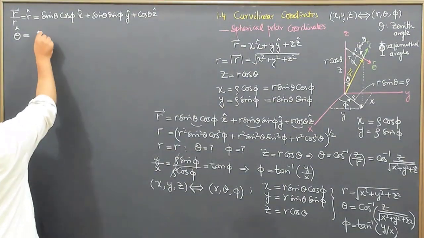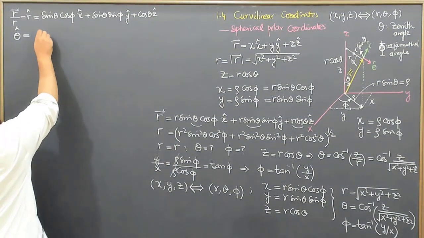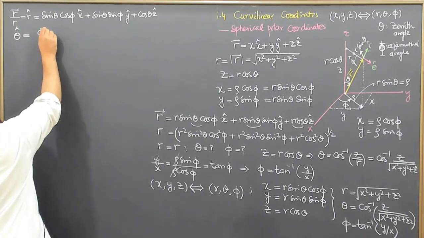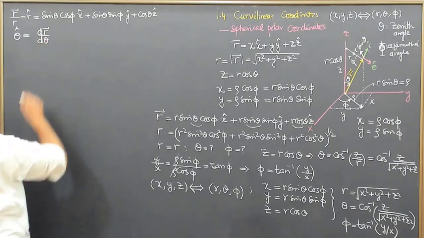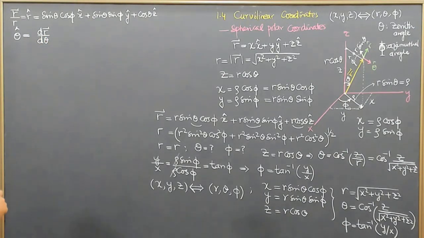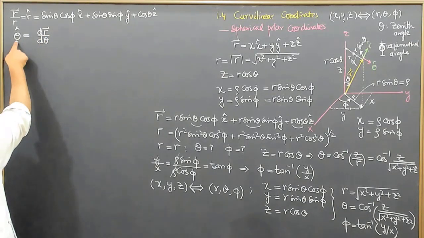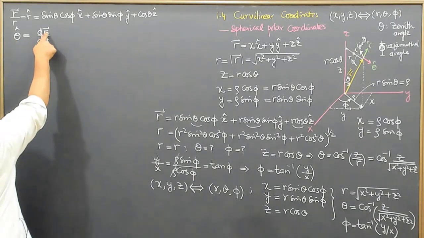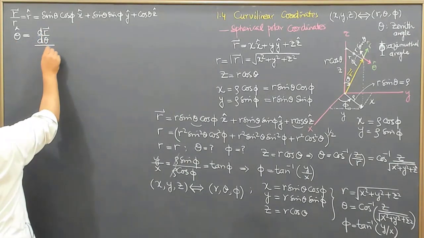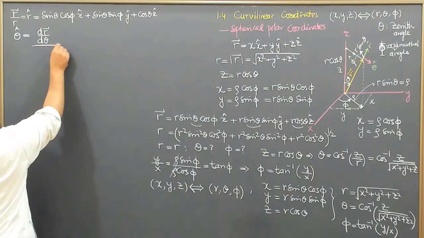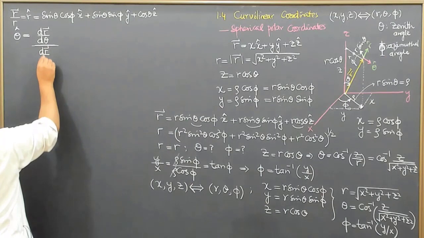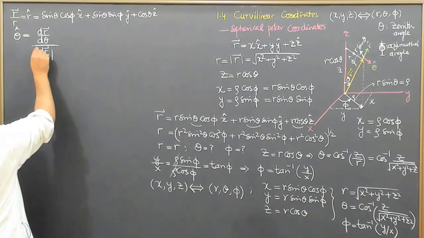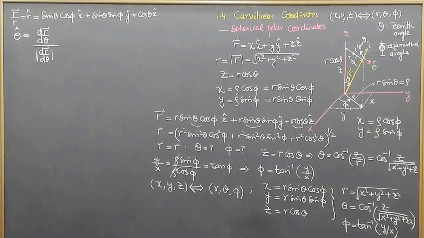So it will be equal to dr over d theta, how r varies with respect to theta. But as we need a unit vector here, and this is a vector, we will divide this by its magnitude: dr over d theta divided by the magnitude of dr over d theta. So this will give us a unit vector.